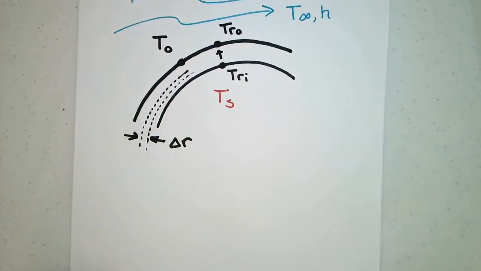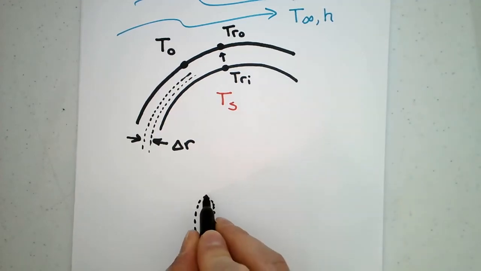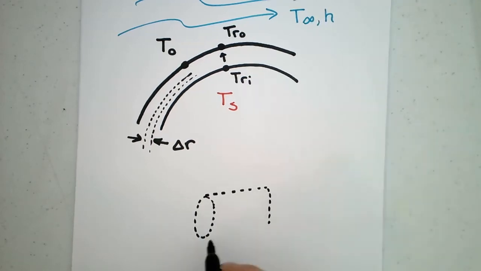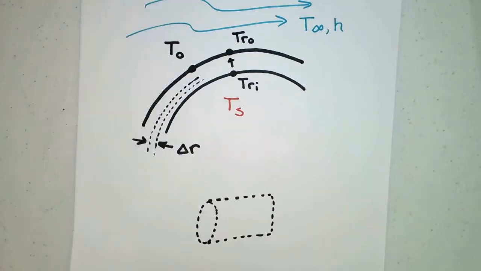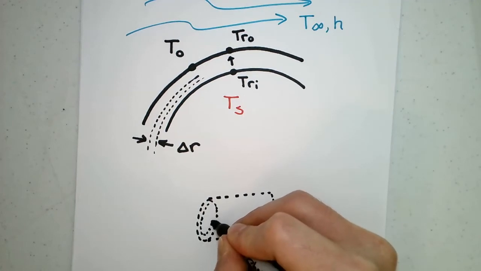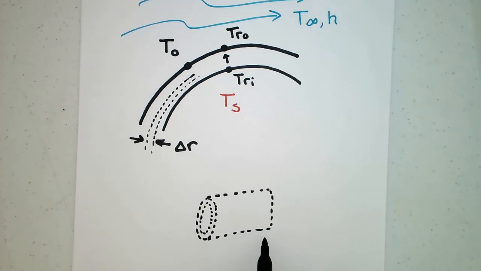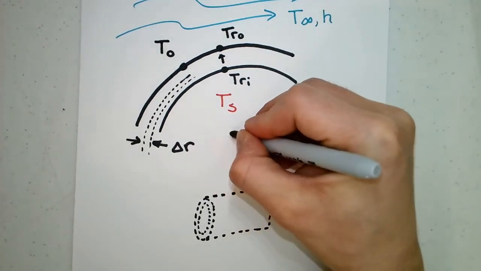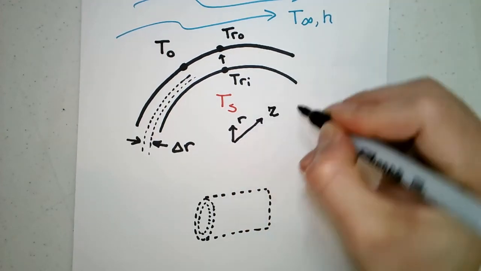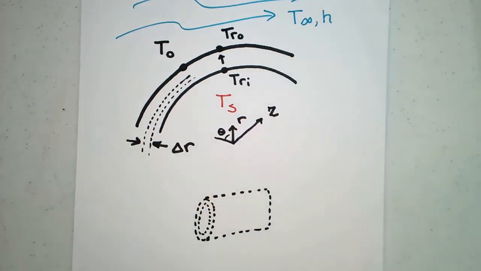And if we're going to draw this control volume, actually, let's choose a control volume that does go all the way around, but we'll also let it be thin or small in Z. So in this cylindrical coordinate system, we'll have R, into the page will be Z, and then if we swing R around, we'll be able to measure a theta.